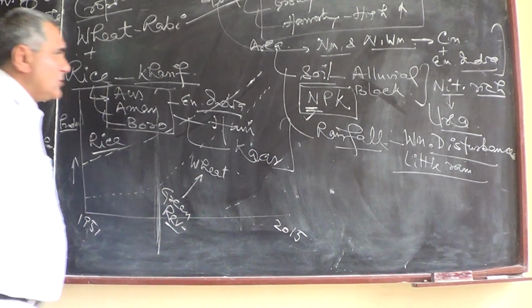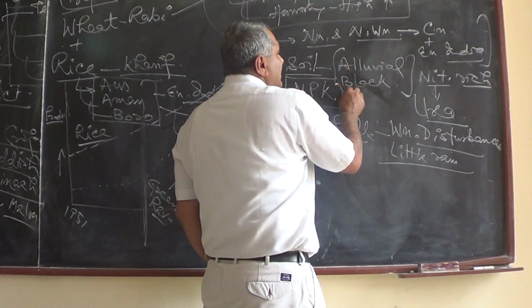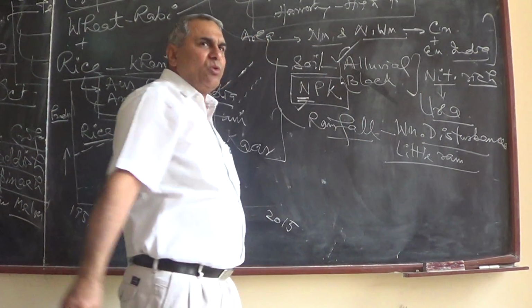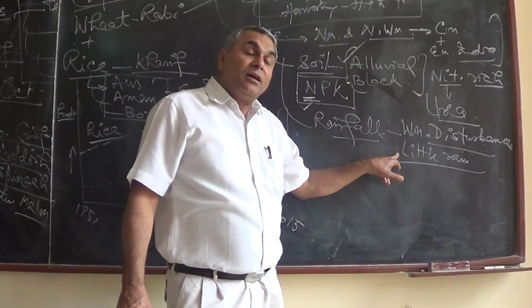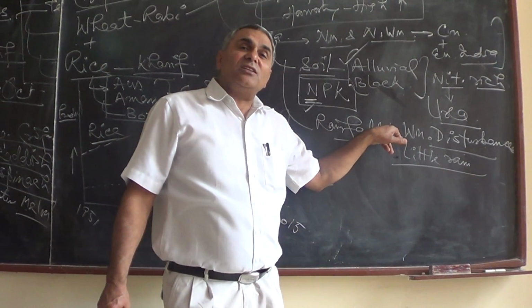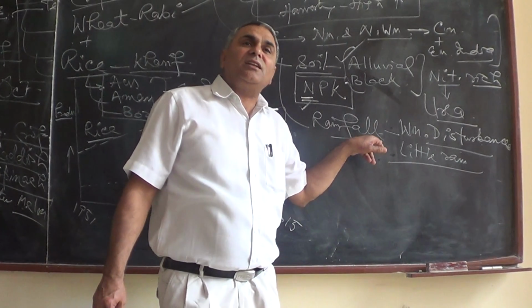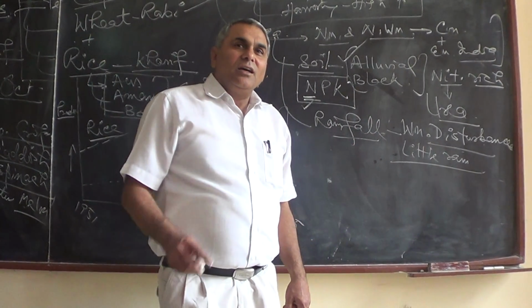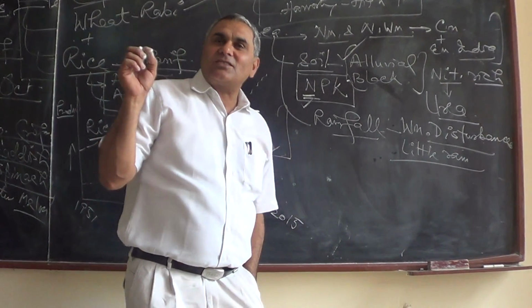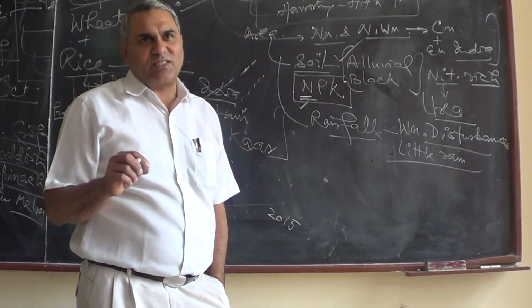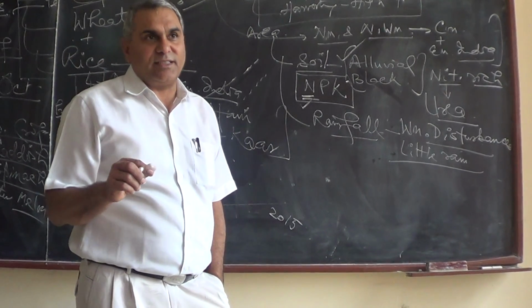So basically, though this is cultivated in alluvial soil, which is porous soil, it can still be cultivated. This rain by the western disturbance in the Rabi season in winter is the reason for the success of the green revolution in northwest India, apart from irrigation.